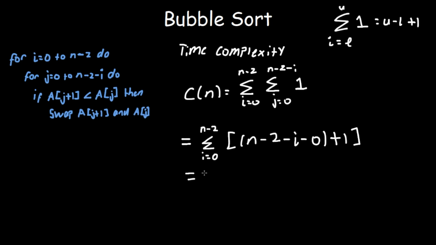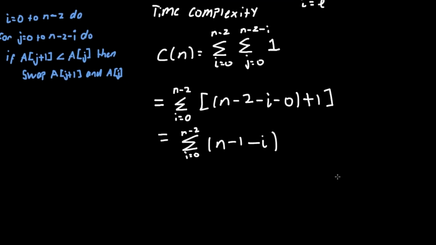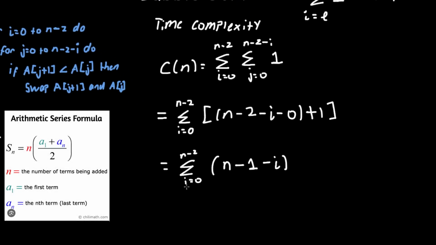This would equal n minus 1 minus i. Now, how do we solve this? We can use the formula for the sum of the terms of an arithmetic sequence, the arithmetic series formula, and solve this.